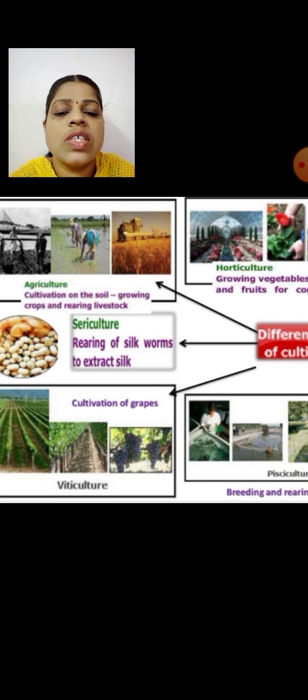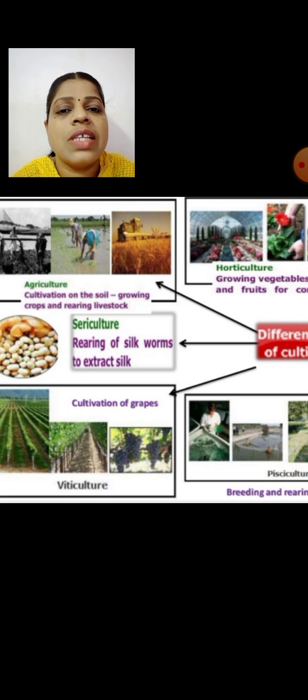So in the first slide we have explained about sericulture. Sericulture is a type of cultivation of silkworms. It's the rearing of silkworms. So children, I hope you have seen silk, isn't it?